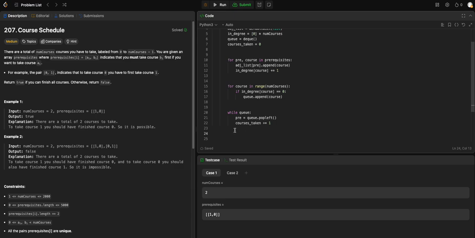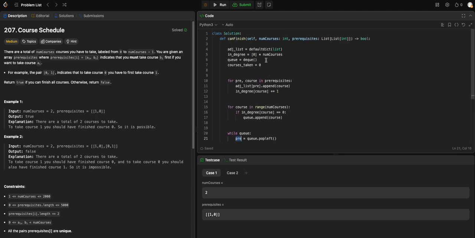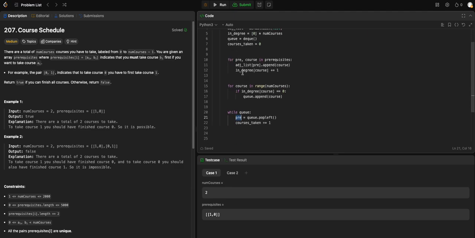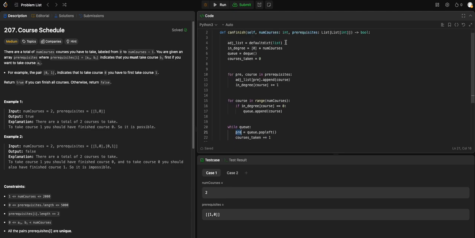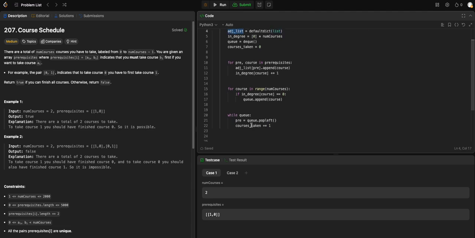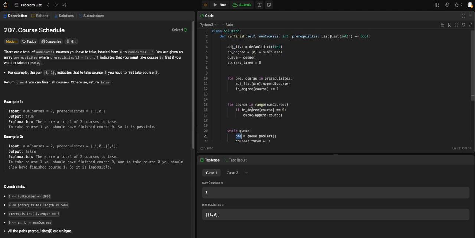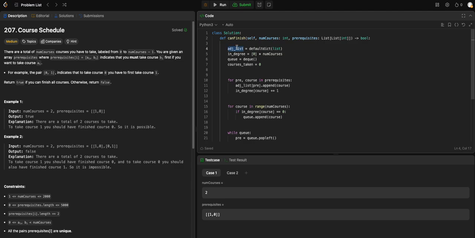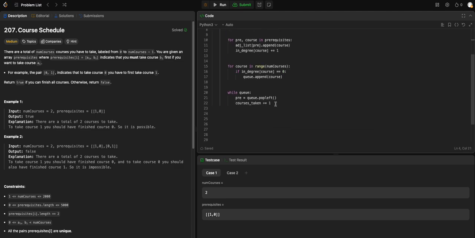Then in the adjacency list, we look at the popped prerequisite as a key in this adjacency list. The value is a list, and we loop through that list.